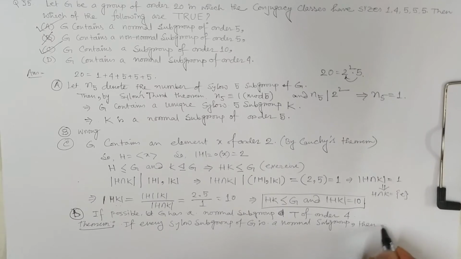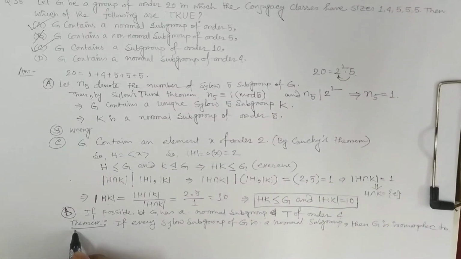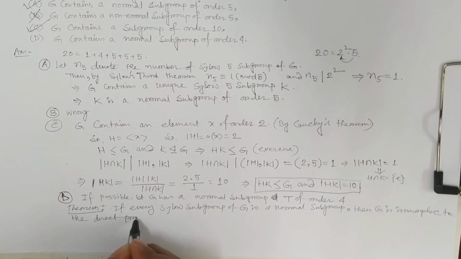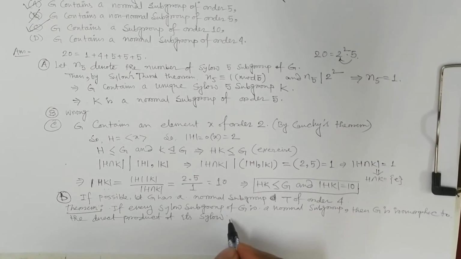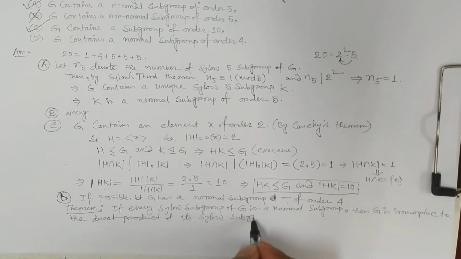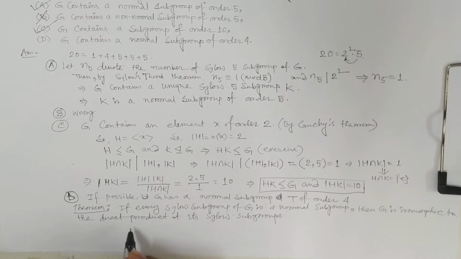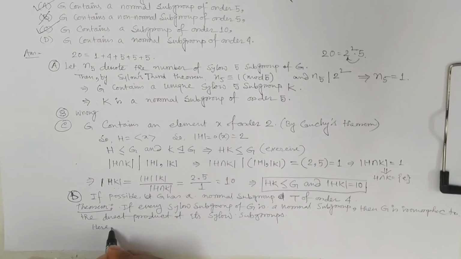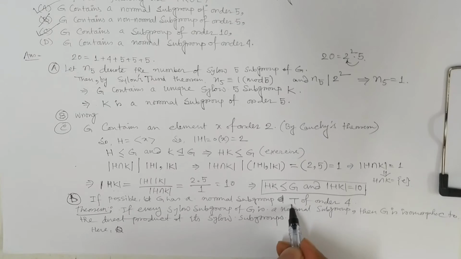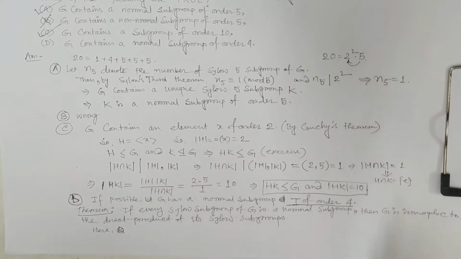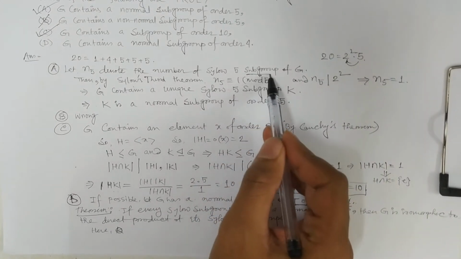then G is isomorphic to the direct product of its Sylow subgroups. So here G has a normal subgroup T which is a Sylow 2 subgroup, and again it has a Sylow 5 subgroup which is also normal.